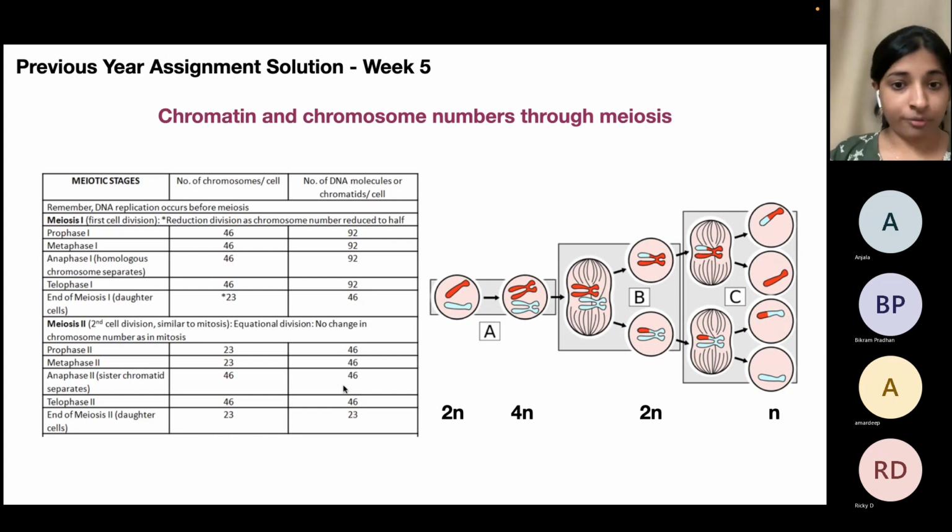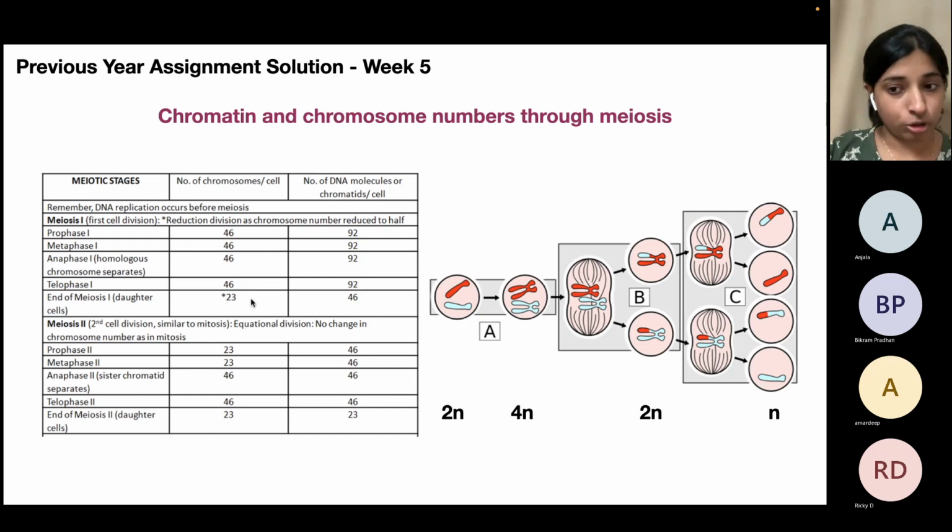However, if you look at the number of chromosomes in the cell, it is 46, because both the sister chromatids are present together as the same chromosome. So there are 23 pairs of chromosomes, and ultimately at the end of meiosis 1, the 23 pairs get divided into two different cells.